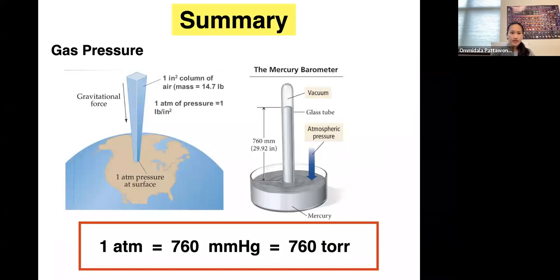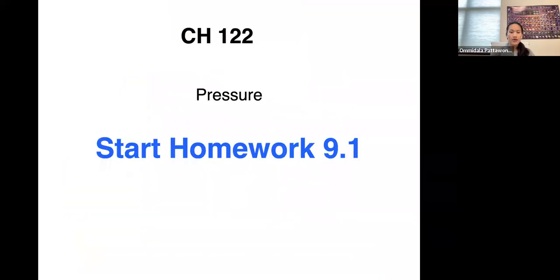Here is a summary of chapter 9.1. We talked about gas pressure and the units we are going to use throughout chapter 9, and you will need to be able to convert between each of those units. Here is the homework for chapter 9.1.